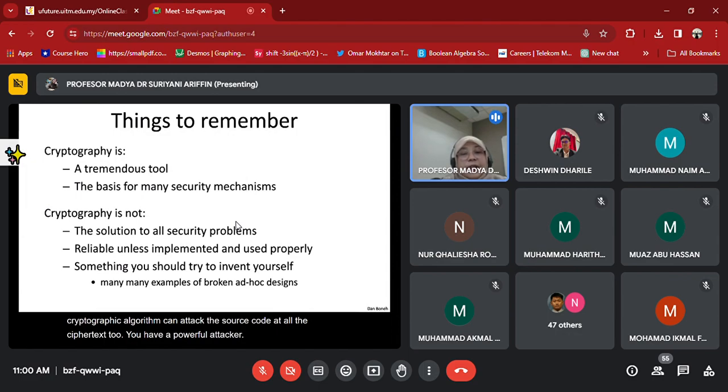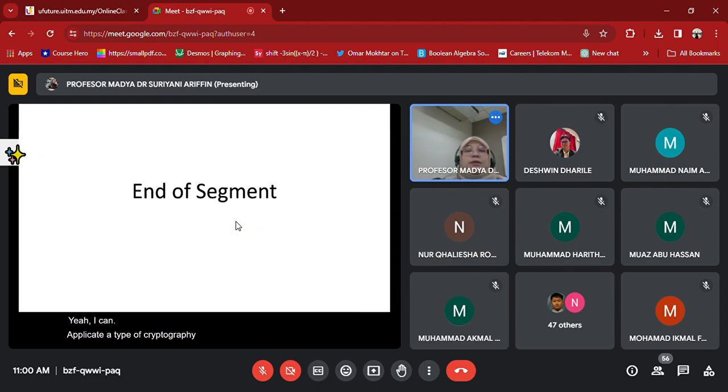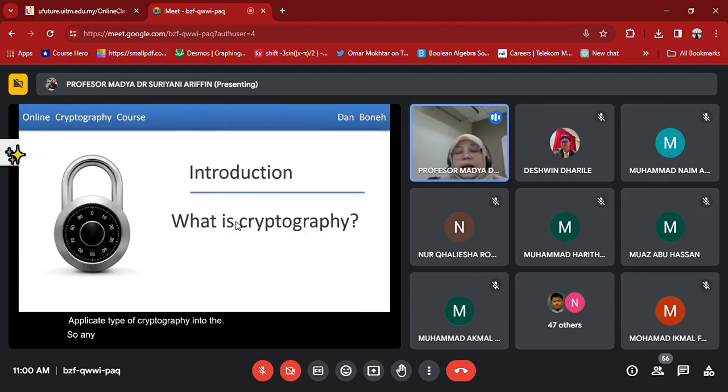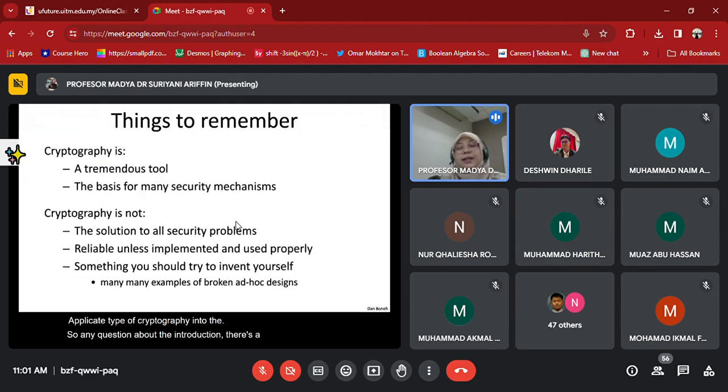But remember, cryptography is not a solution to all security problems. There are still problems, but we need to minimize them and use cryptography with the correct application, the proper use. It will be useful when we put the type of cryptography in the right place. So, any questions about the introduction? Just a very short introduction to cryptographic algorithms.